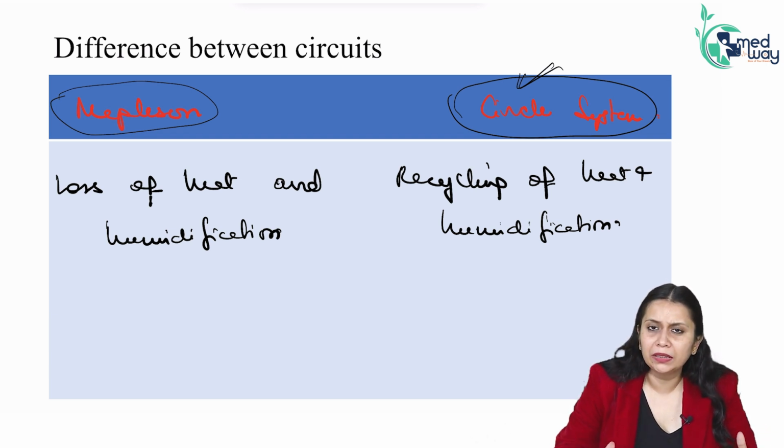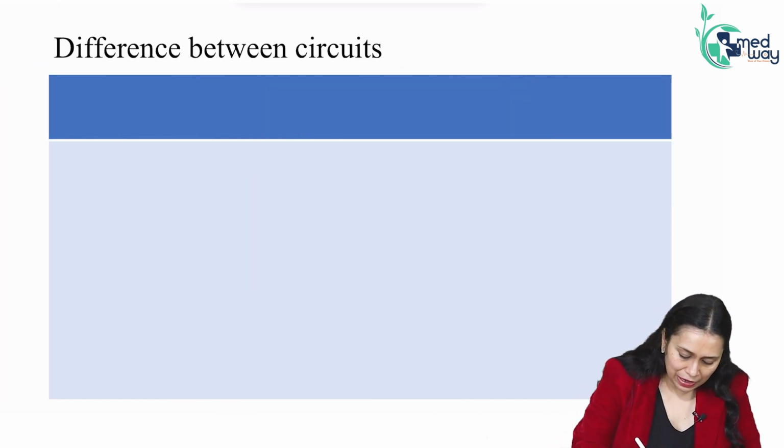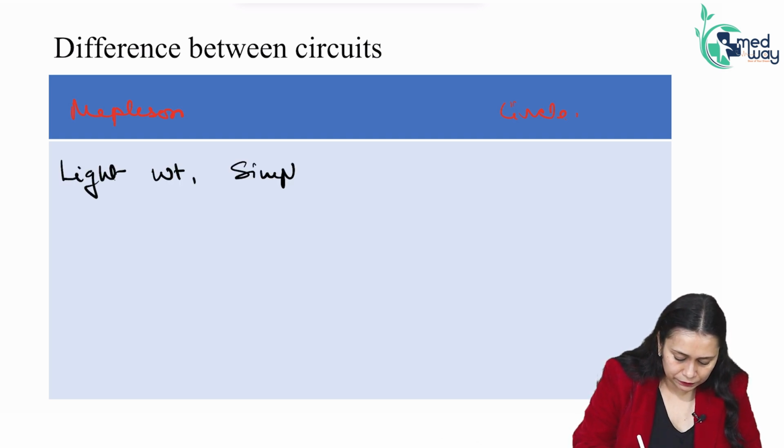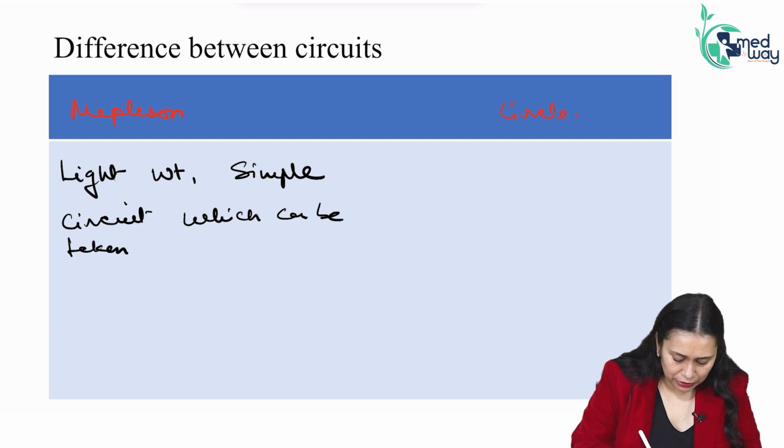The portability and simplicity have retained the place of the Mapleson circuit. So remember the benefit of Mapleson over the circle system: the Mapleson circuit is a lightweight, simple circuit which can be taken from one place to another.